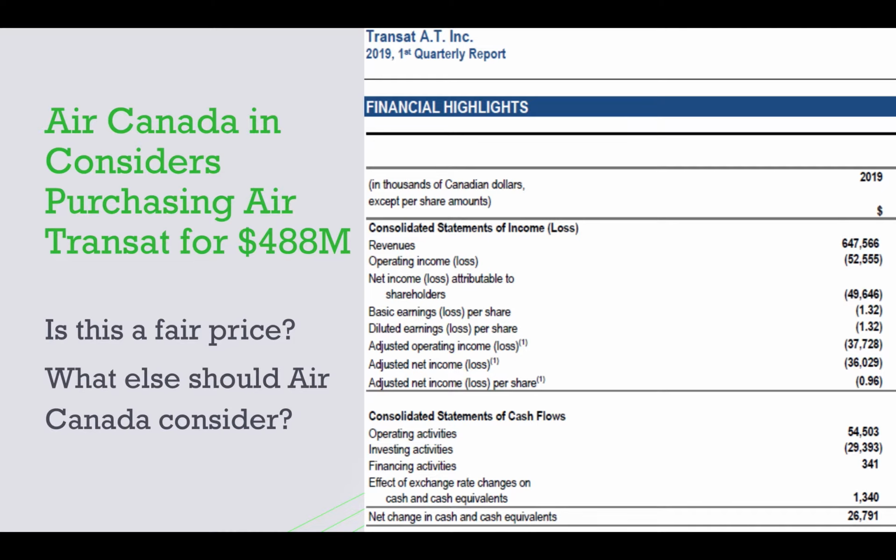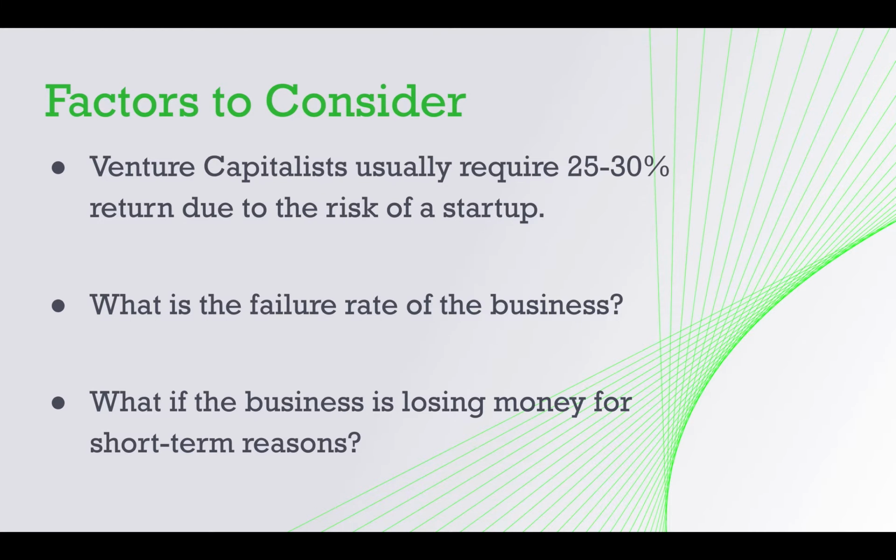So, that's more realistic. I mentioned that in a risk-free situation, you might be getting 3 to 5% per year, but real life is not risk-free. So businesses are going to expect a higher rate of return. For example, the venture capitalists on Dragon's Den would be requiring about 25 to 30% rate of return due to the high risk.